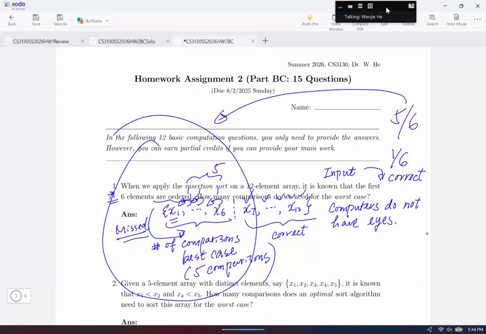So the next time you see a similar situation where I give you information about the input, remember our first homework assignment. In my instructions, I said those properties are hidden facts.